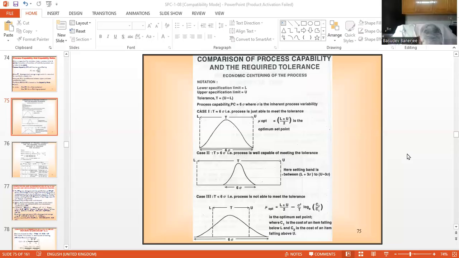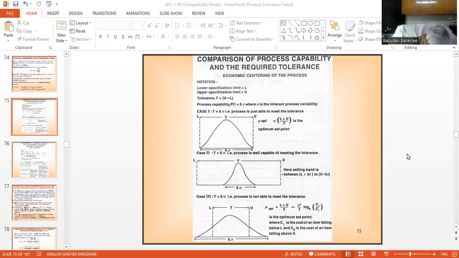Now, clear? Here the specification is given as 50 plus minus 0.003. The upper specification is 50.003, the lower specification is 49.997 mm. So tolerance is upper specification minus lower specification, that is 0.006 mm.